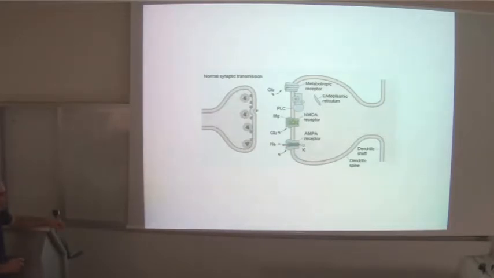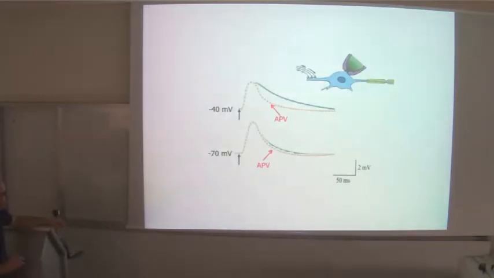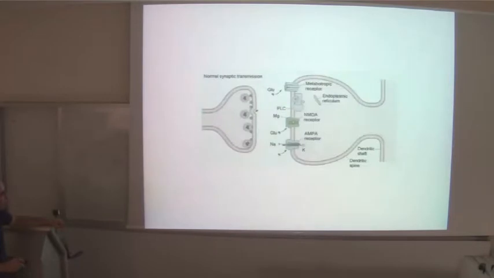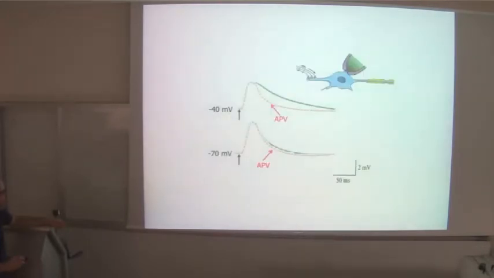Since you now have more channels that open, you get more current, you get more voltage. This is what happens in the green one. Now you add a blocker, which is not the magnesium blocker, just another thing that blocks it. And then you get this current, this voltage. And the difference between them is due to the fact that at minus 40 you have additional channels that are open. Okay?